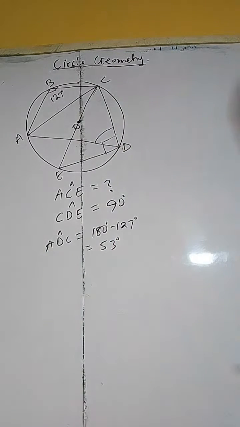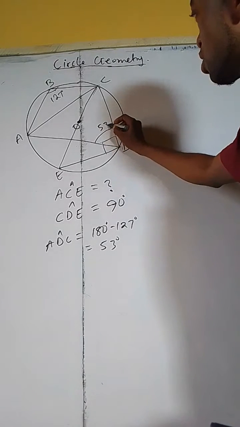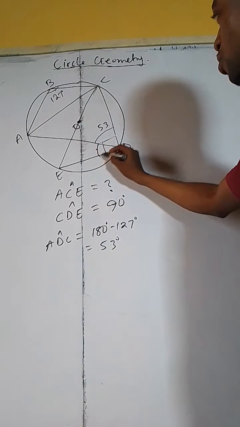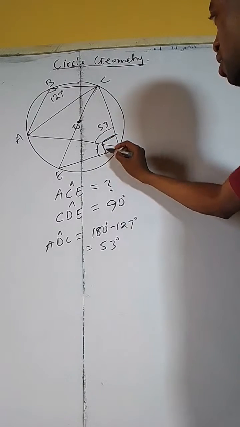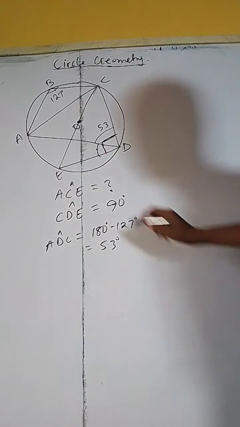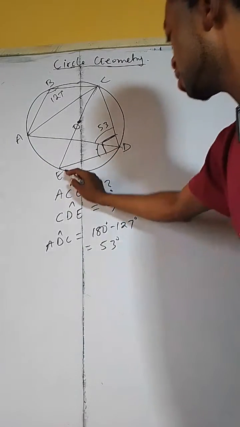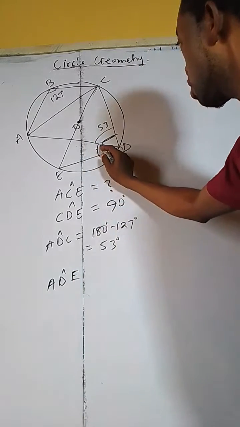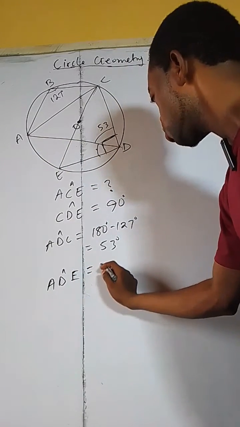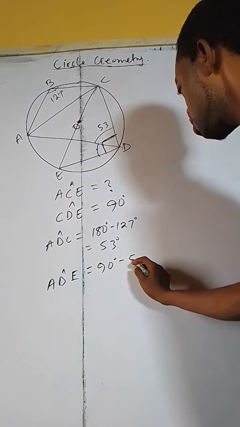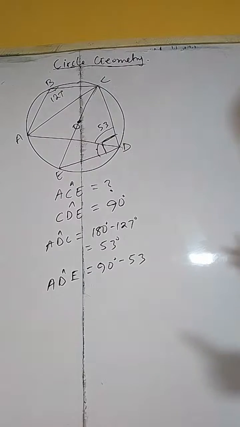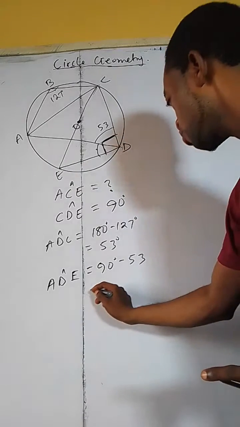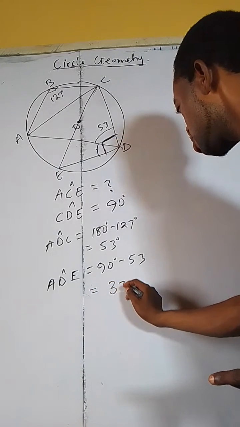Then, if this angle is 53 degrees, easily from here we can get this angle, because everything here we said is 90 degrees. So angle ADE, the one marked here, is equal to 90 minus 53. That's because everything here is adding up to 90 degrees, which gives us 37 degrees.